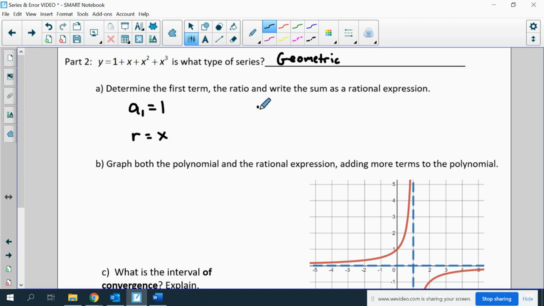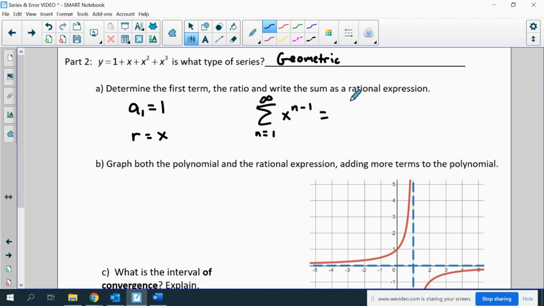So if we're going to write the sum, n equals 1 to infinity, of what's happening, it's just x to the n minus 1, because we start with 1, and then when we plug in n equals 2, we get x, and when we plug in n equals 3, we get x squared, and so on.